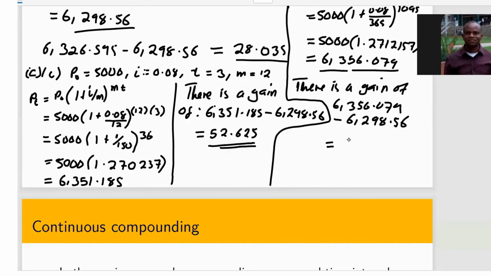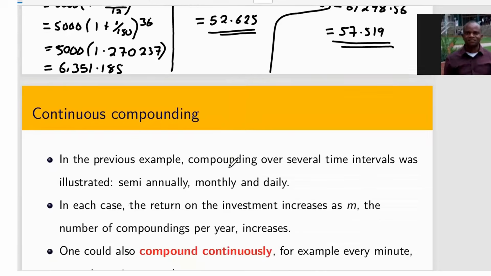I get a gain of 57.519. So this means that the investment of 5,000 at the interest rate of 8% compounded daily for 3 years, you are going to gain 57.519 compared to when interest is compounded annually at the same rate. So this is all about the nominal rate of interest and how we can solve example number 8.